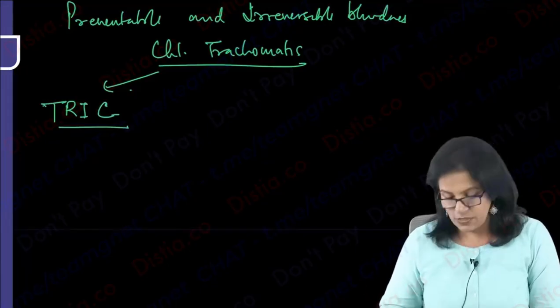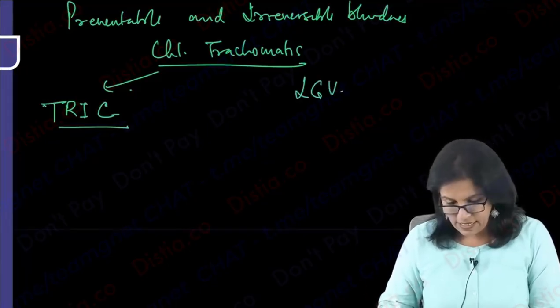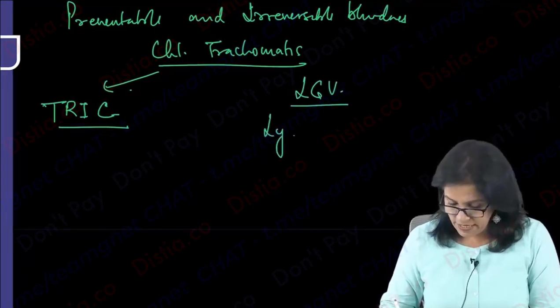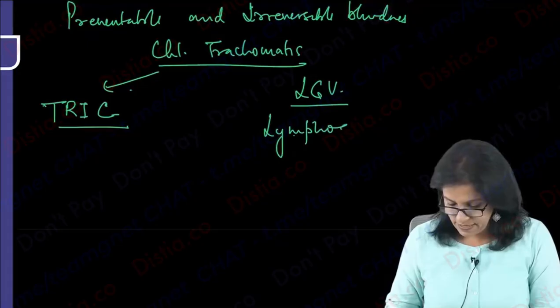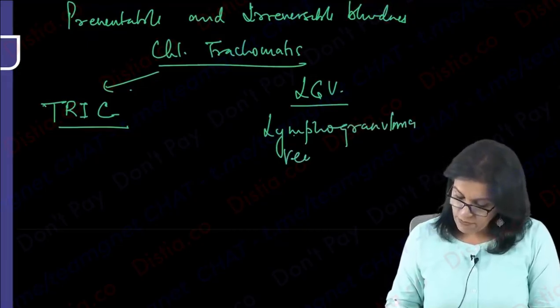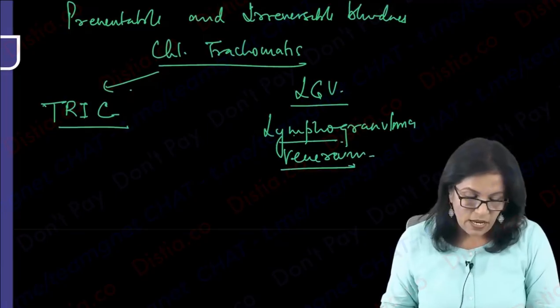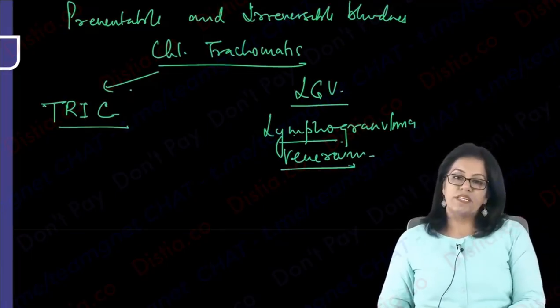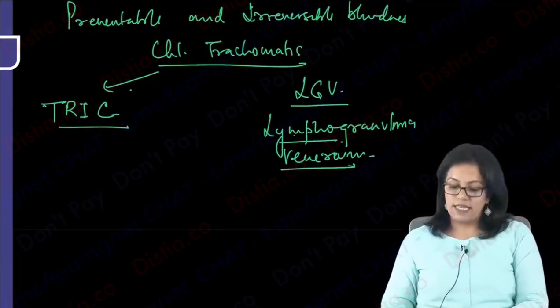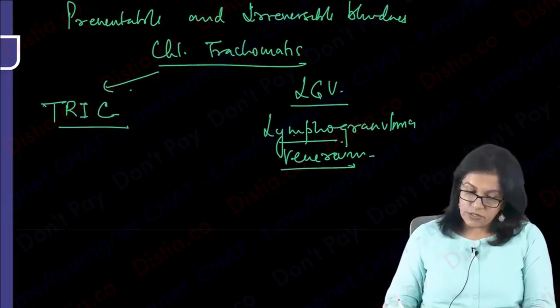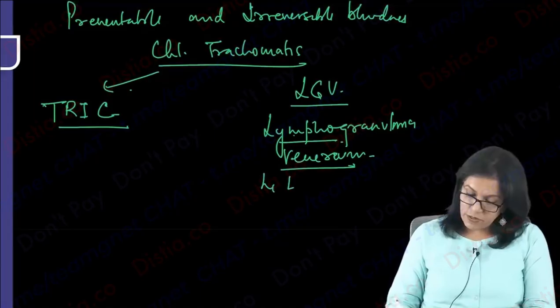We know this, right? So LGV agents. This causes lymphogranuloma venereum. So lymphogranuloma venereum will also lead to conjunctivitis. Along with that, there can be fever and preauricular lymphadenopathy and so on. So the strains here, what we mention is L1, L2, L3.